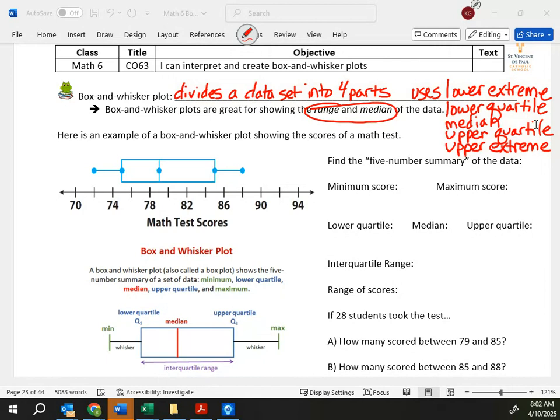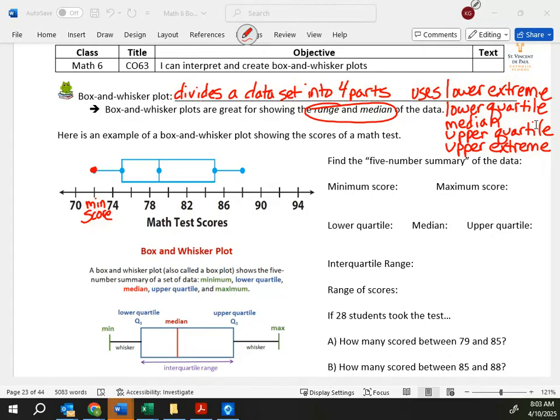So the lower extreme is going to be the one that is over to the left. This is our minimum score. This point right here is our minimum score. It is the point farthest to the left. Okay, so that's the minimum.